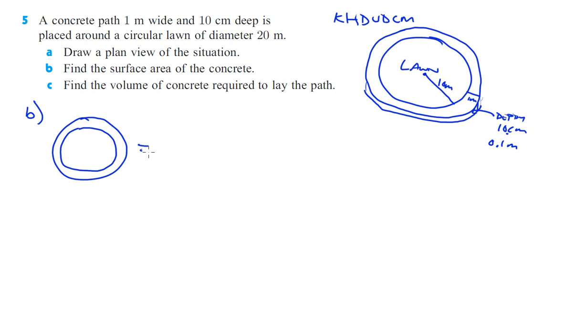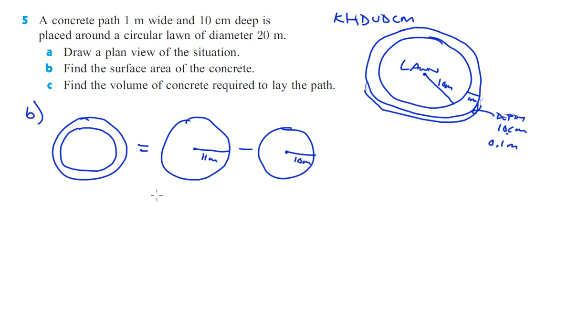To figure that out, it's just going to be the area of the big circle minus the area of the smaller inner circle. The area of the bigger outer circle has a radius of 10 meters plus another meter, so 11 meters, and the inside, the grass part, is just 10 meters.